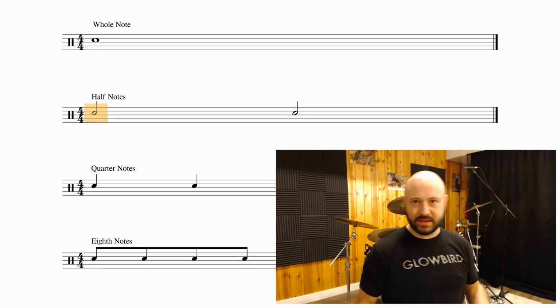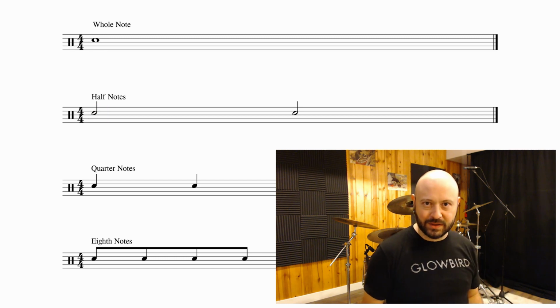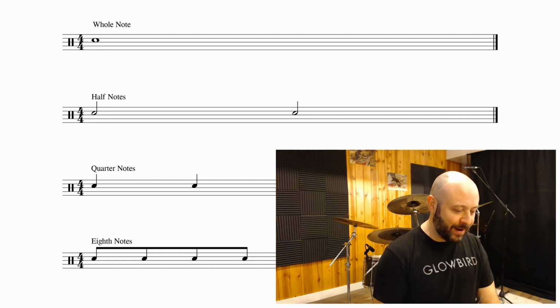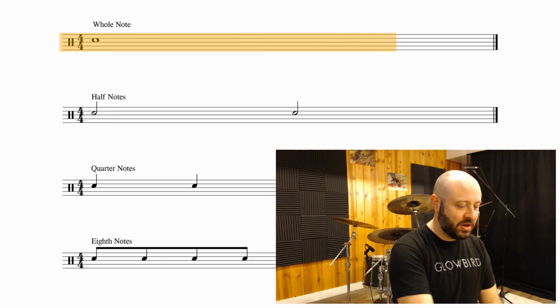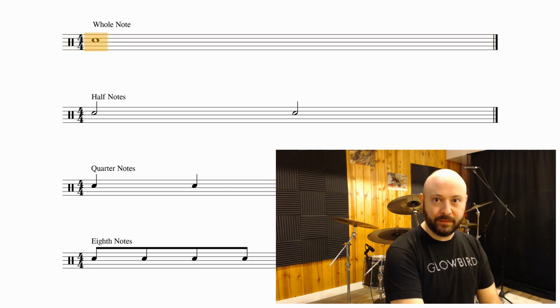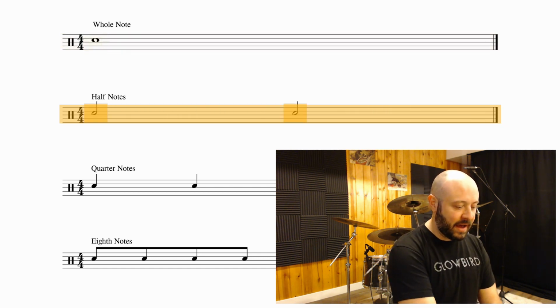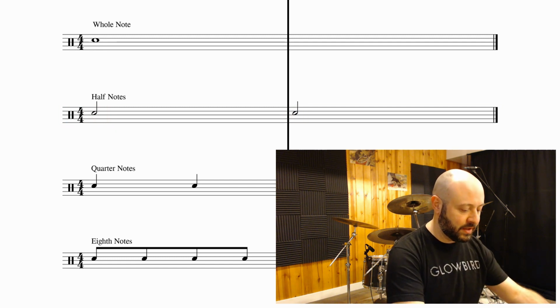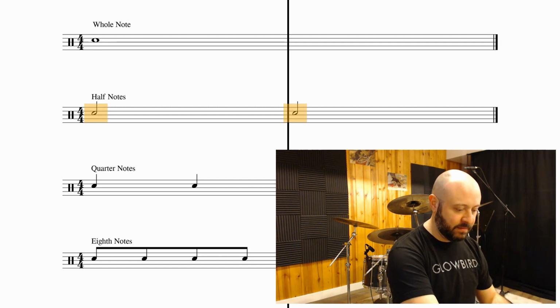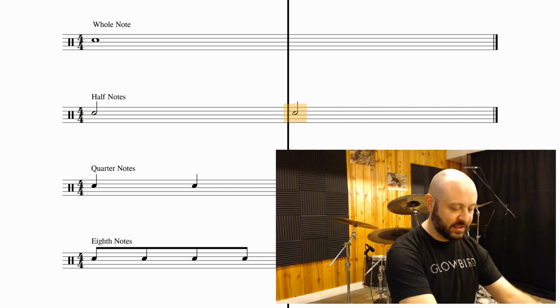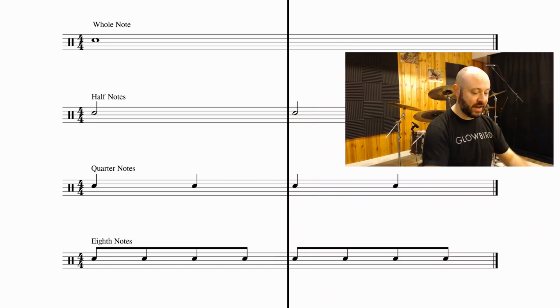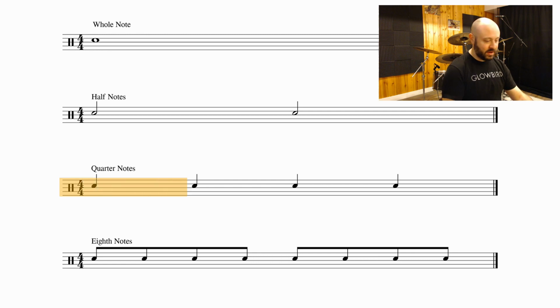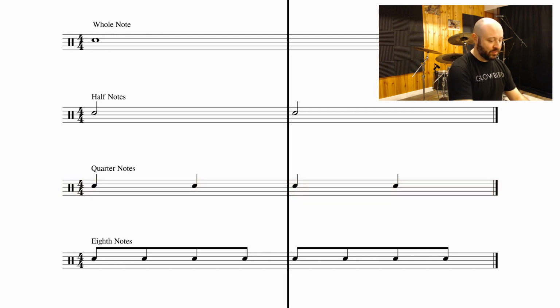Now, the reason why I like the table of time being set up in this way is because it's very obvious. If this is one measure, that note takes up the whole thing. If this is one measure, half notes take up half. You can kind of probably put a ruler and see that this is at the beginning, this is probably dead center, and it's nice, even, measured out evenly. Quarter notes are when you take the half note and you split those in half.